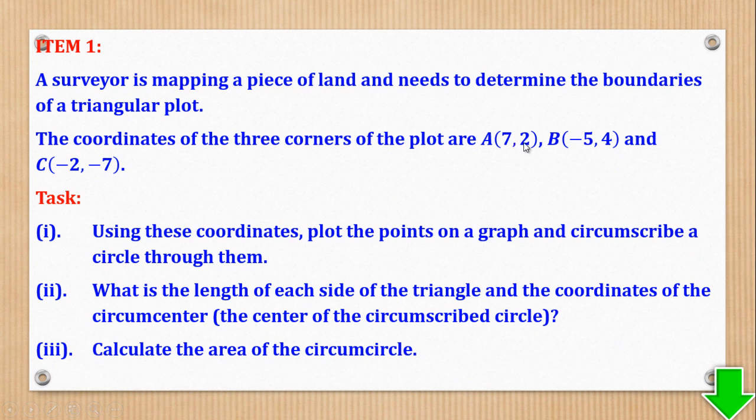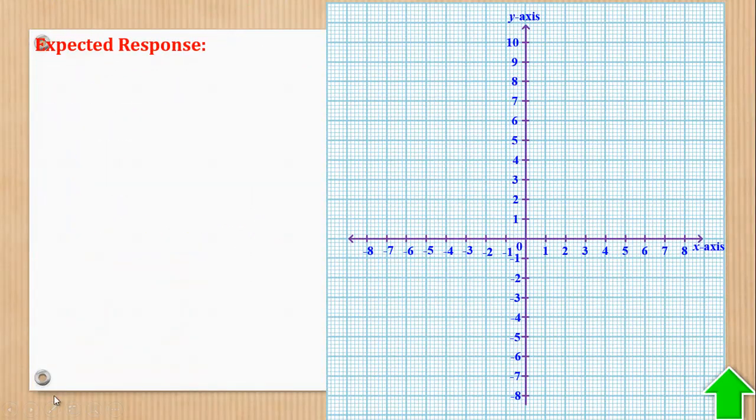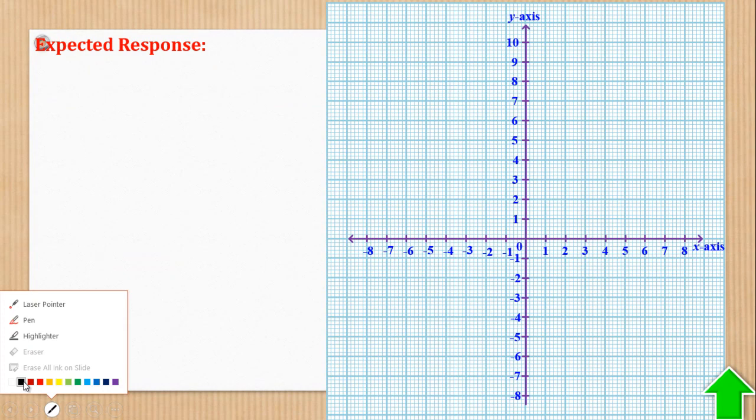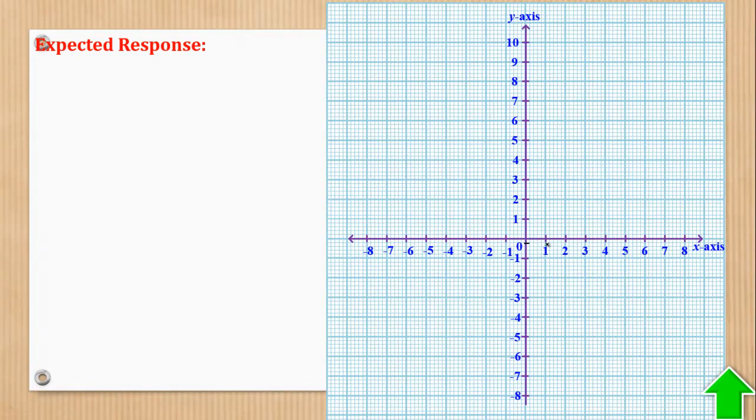Point A was (7, 2), point B was (-5, 4), and point C was (-2, -7). So I'm going to begin with (7, 2). (7, 2) means you move 7 steps horizontally and 2 steps up vertically. Then (-5, 4), you move to the left 5 and upward 4.